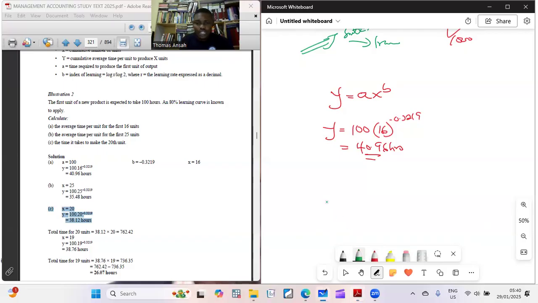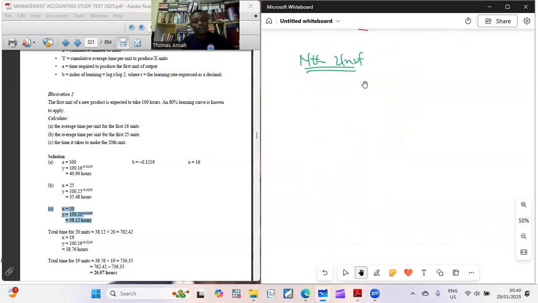But here, how to use the learning curve to determine the time for an nth unit. In this case, it is the 20th unit. Now, it's easy. Let me give you some steps to go through. Step 1: apply the formula twice.